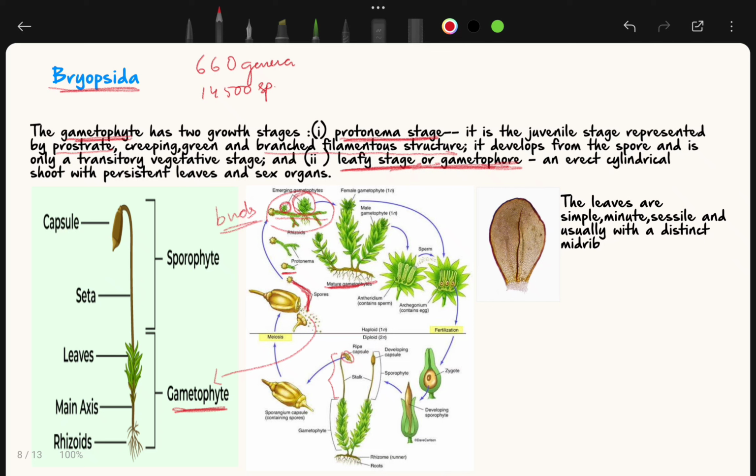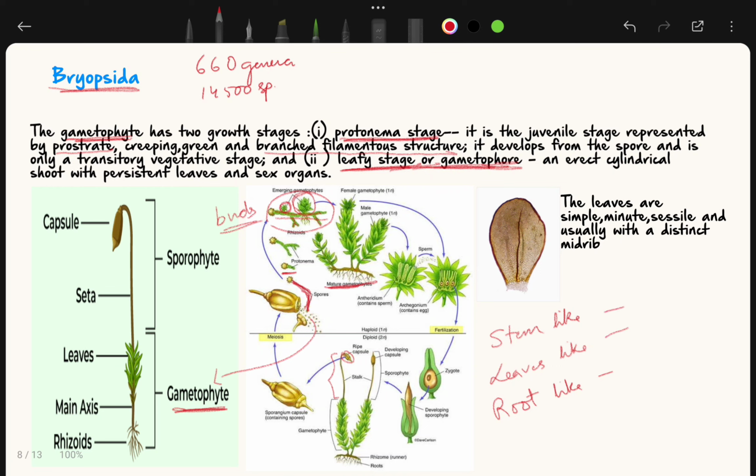So this gametophore is more advanced than the gametophyte of liverworts and hornworts, because this gametophore has stem-like structures, leaf-like structures, and root-like structures.